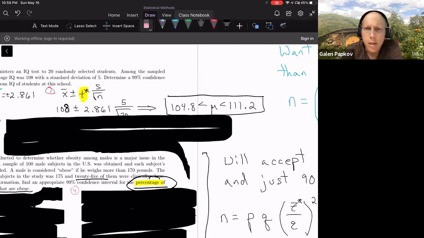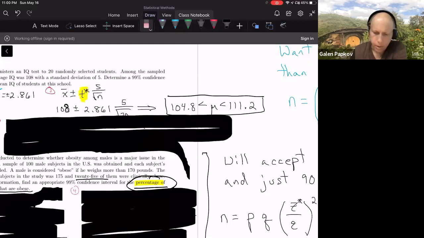And when you calculate, you get mu is between 104.8 and 111.2. Since all of our information other than the critical value was integer valued, I decided to have at least one decimal. And so that's how I got and stated my interval.